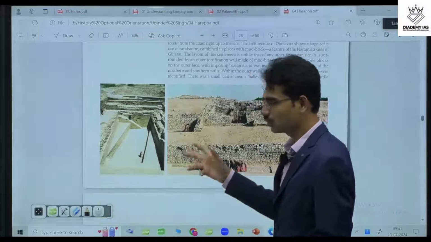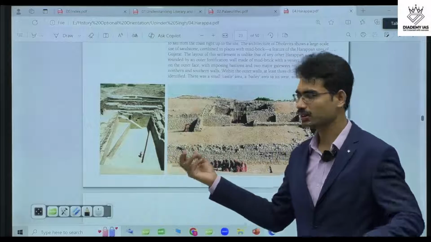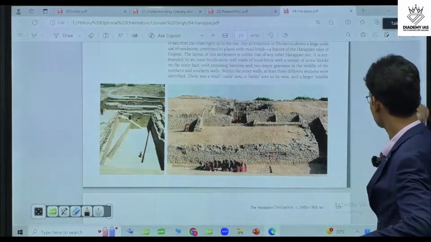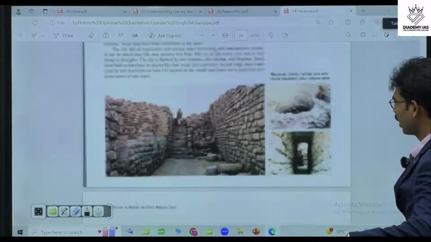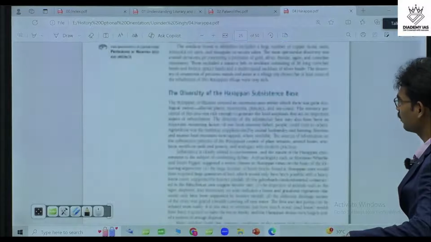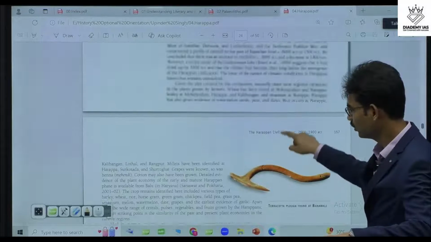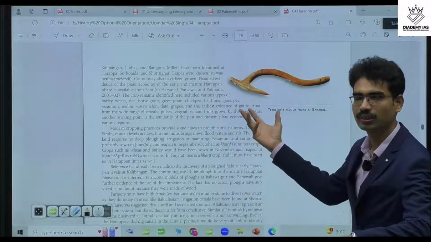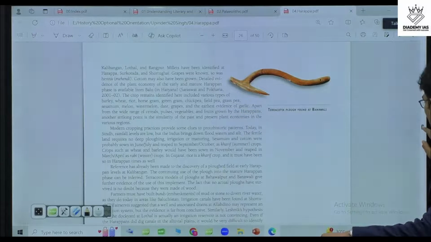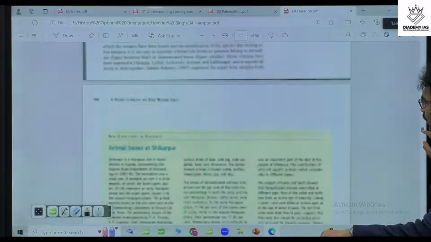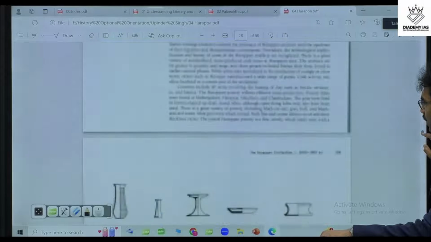It will show how the constructions, Dholavira reservoirs, burnt bricks, how it will help, drainage system very clearly, then subsistence base. It will give images also, what kind of plow was used and in which place we got the evidence of agriculture.